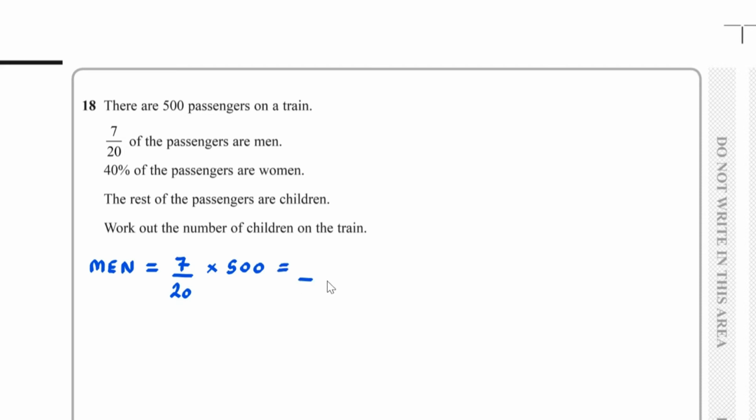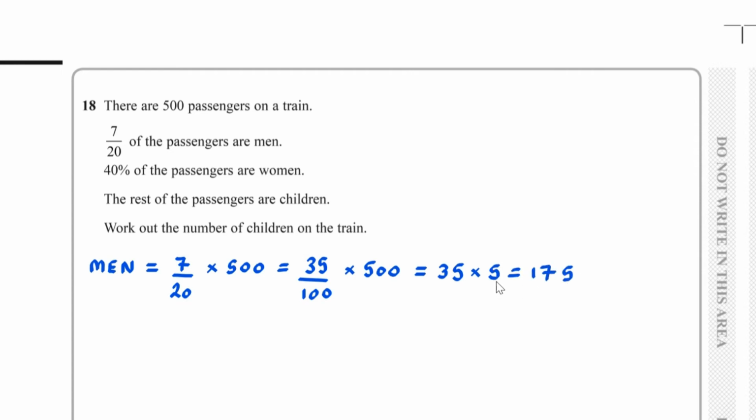So if we work this out, well, we can rewrite the 20 on the denominator, and on the numerator we'd have 35. So we've got 35 over 100 times by 500, and recognizing that 500 over 100 is 5, we have 35 times by 5, which is 175.